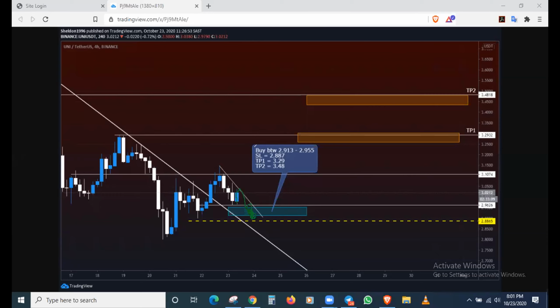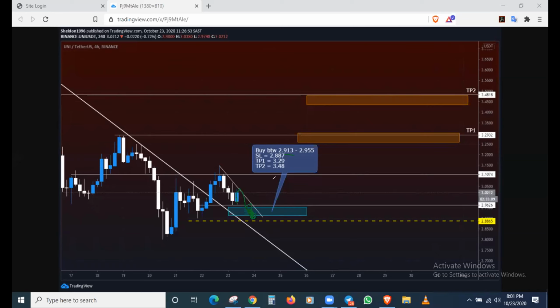Then we are given a stop loss. SL means stop loss. Stop loss is the yellow dotted line you are looking at, 2.8865, while your take profit one is TP1, take profit two, which is TP2, is 3.48, while TP1 is 3.2932.